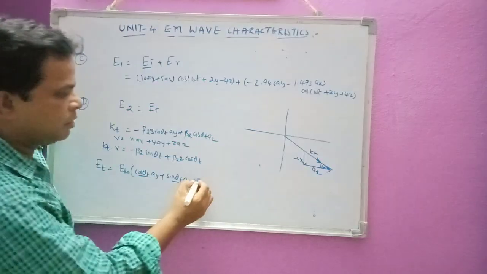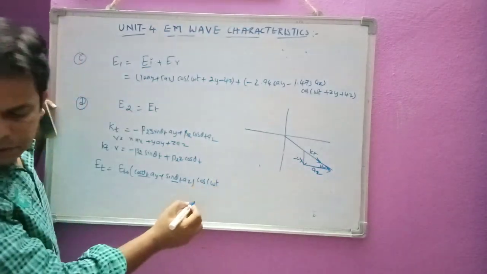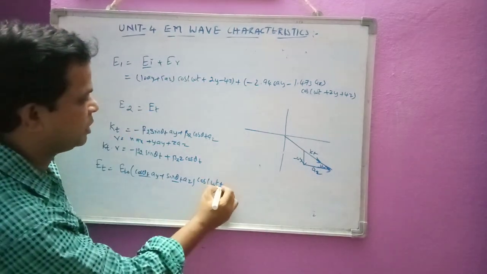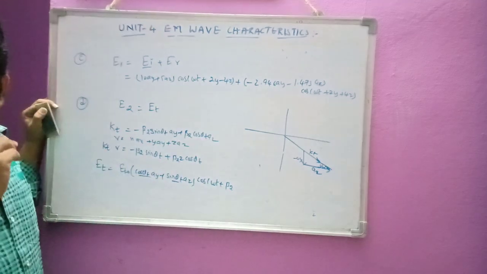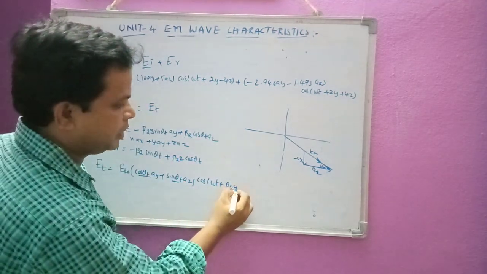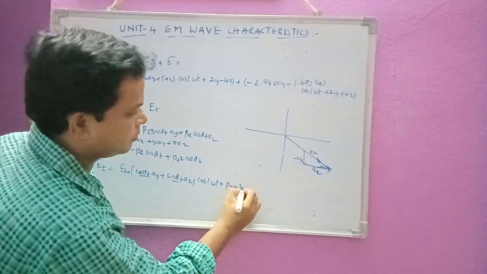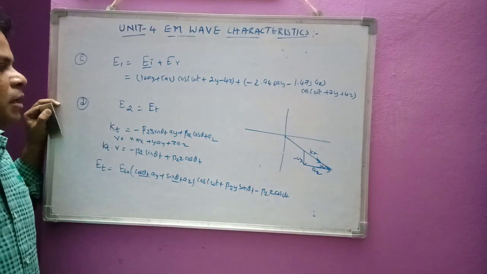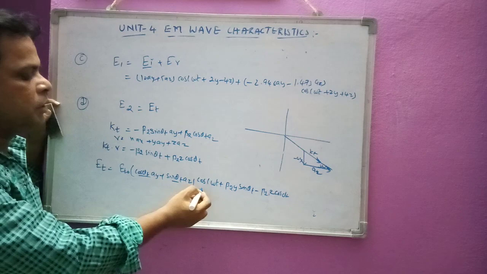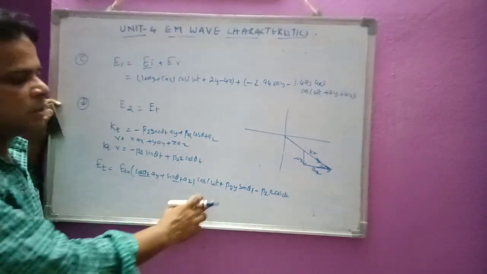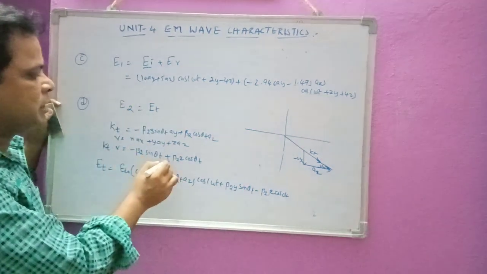And cos(omega t plus beta 2 y sin theta t minus beta 2 z cos theta t). Why? Because here we are going to use omega t minus KT dot r. So here we use ET0 into this value into cos of omega t minus, and minus becomes plus here and plus becomes minus here.